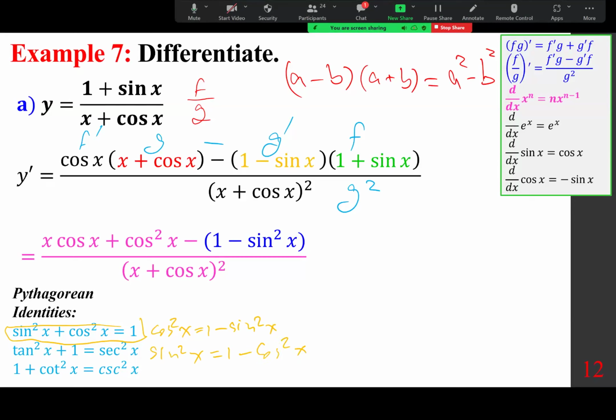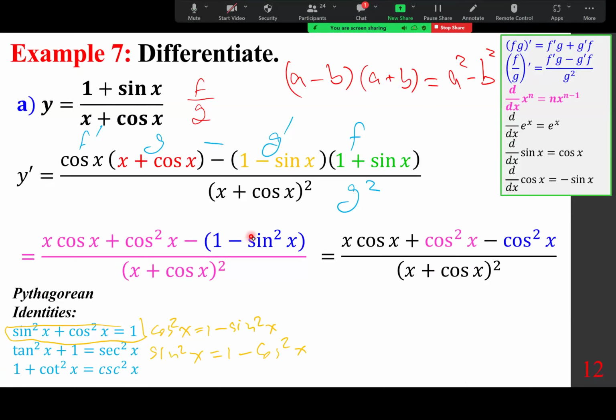So those are given, okay? Therefore, we should know this is cosine squared. So we have this one, we have this one, and we're going to replace this with cosine squared. These two cancel each other because they are opposite. And the final answer is x cosine x divided by x plus cosine x quantity squared.